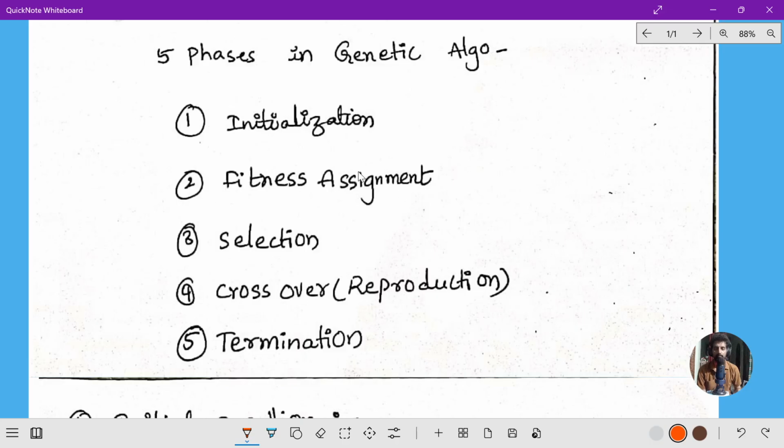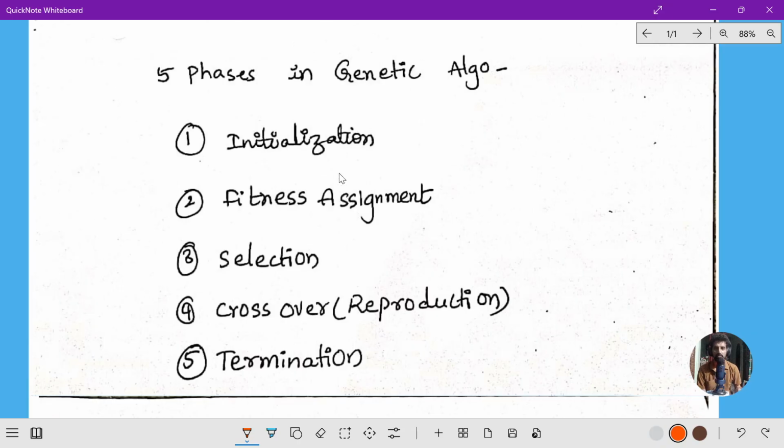In the genetic algorithm, there are five phases. The first is initialization, the second is fitness assignment, the third is selection, the fourth is crossover, which is also called reproduction, and the last one is termination.